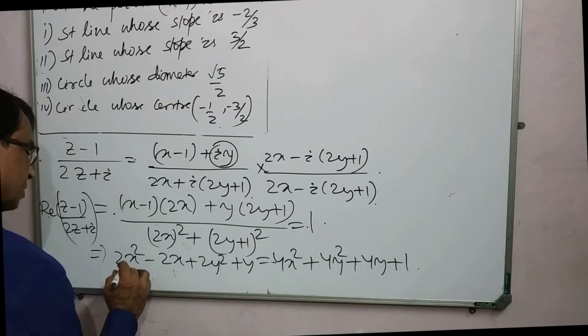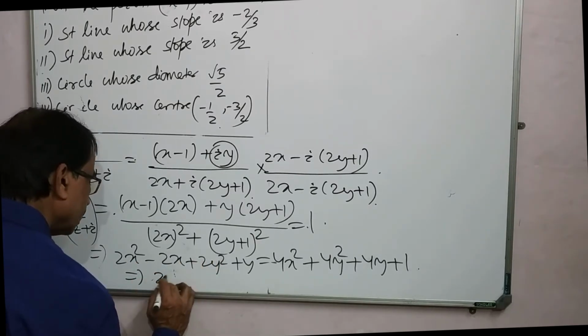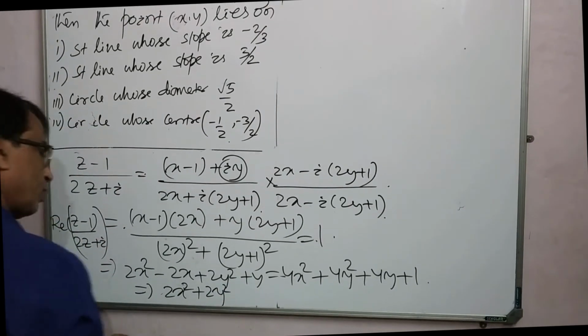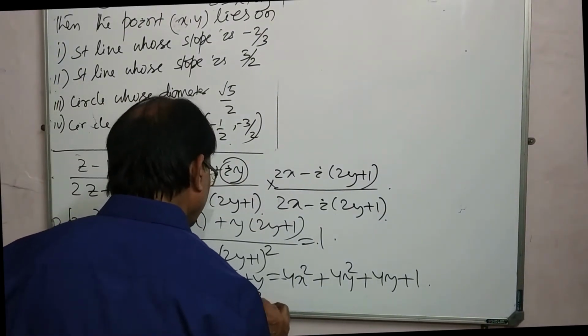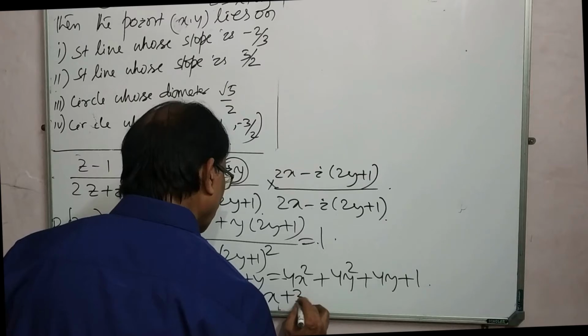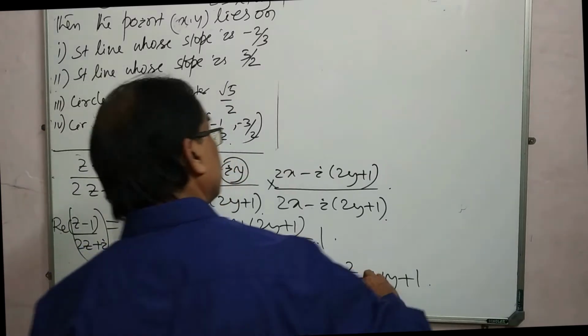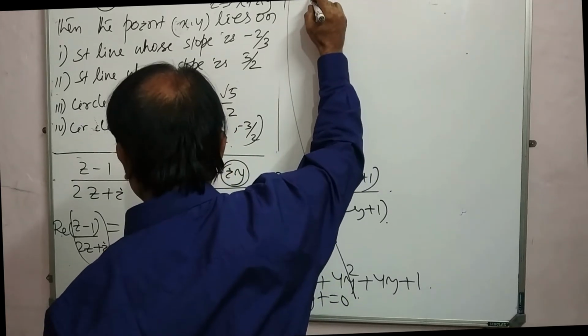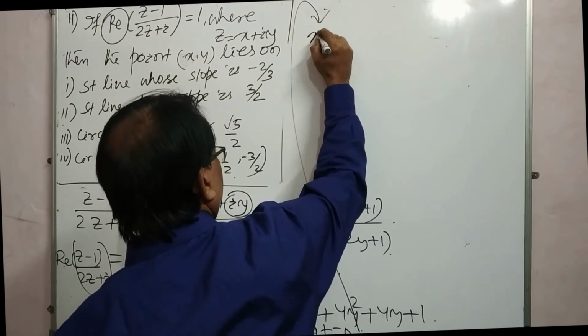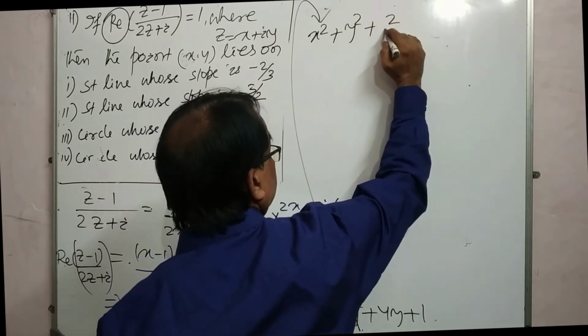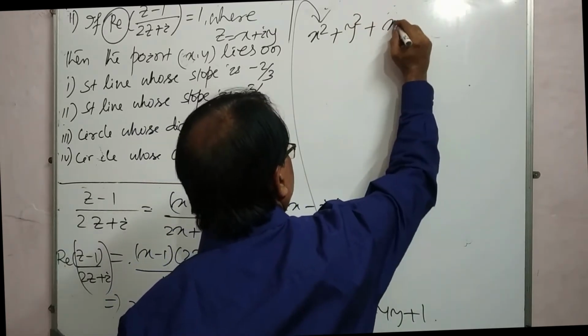On simplification, you are getting here 2x squared plus 2y squared plus 2x plus 3y plus 1 equals 0. Now, looking here, dividing by 2 throughout, making the coefficient of x squared and y squared as 1.